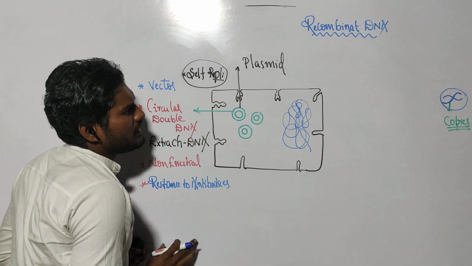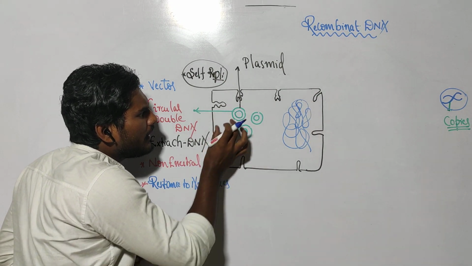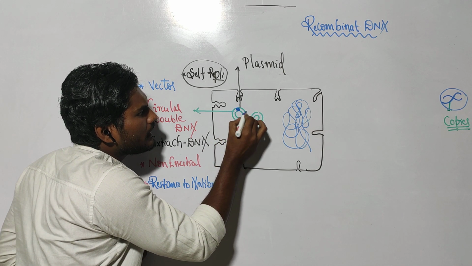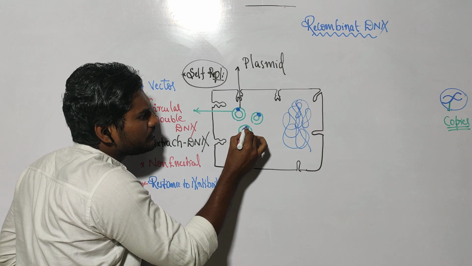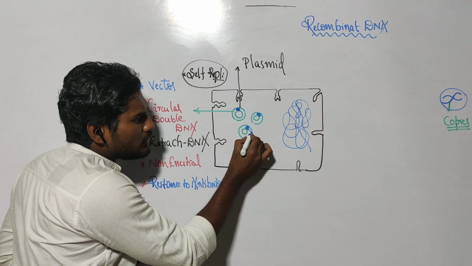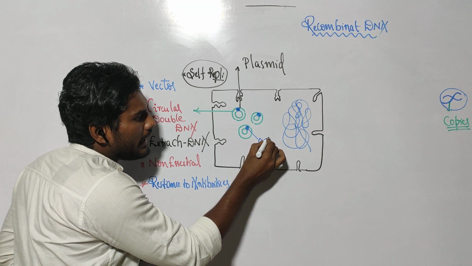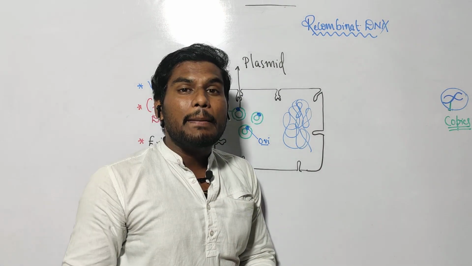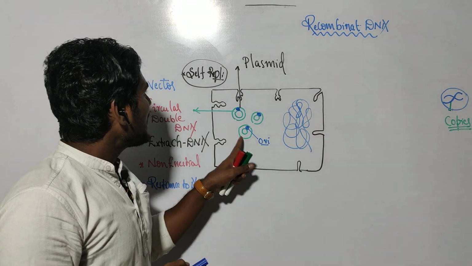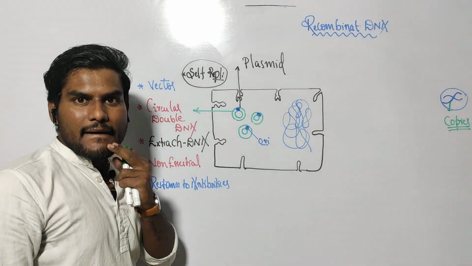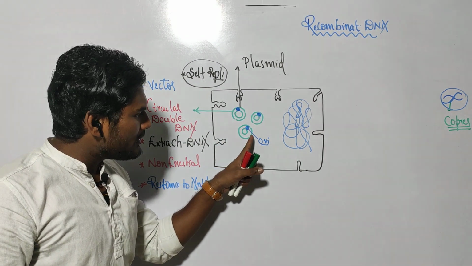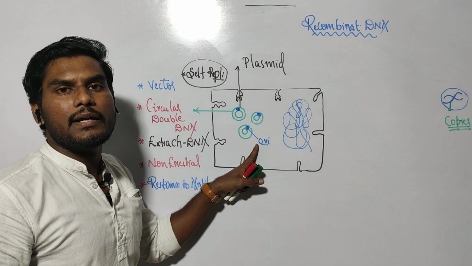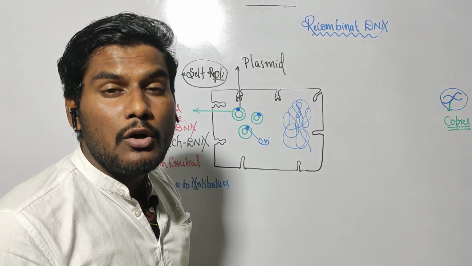You keep that gene of interest here. This vector has one site present, that site is called the ORI site, origin of replication site, where replication originates. Why? Because plasmids undergo self-replication, na? So there is one site where replication starts. So origin is started. So ORI site, origin of replication.